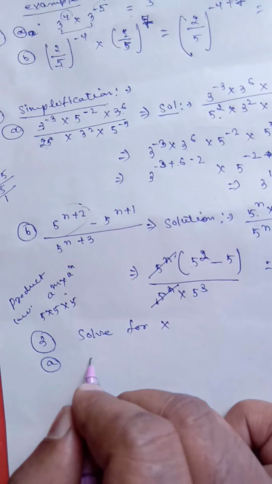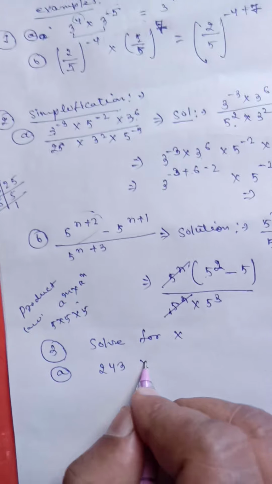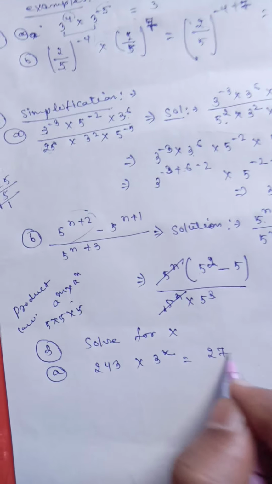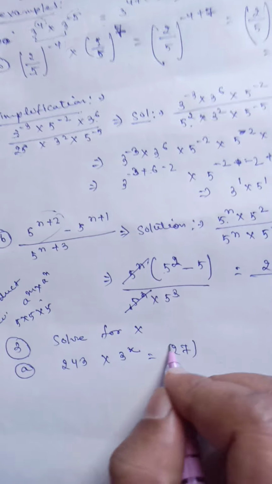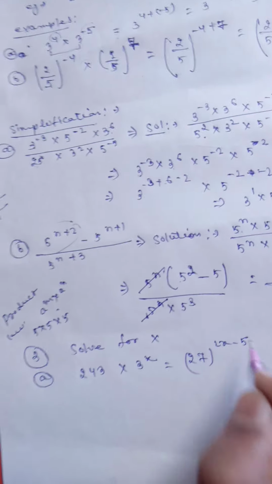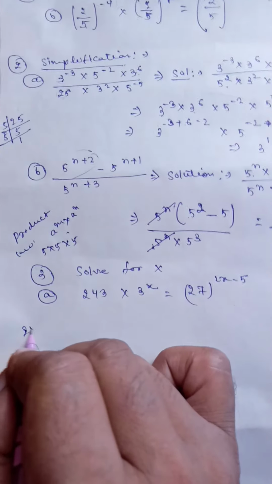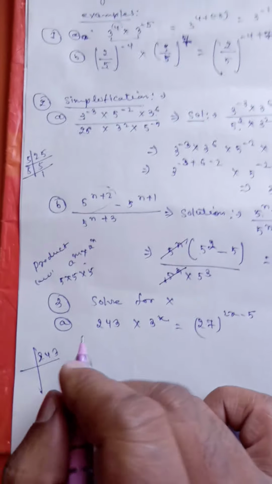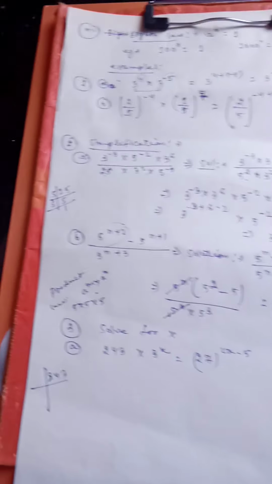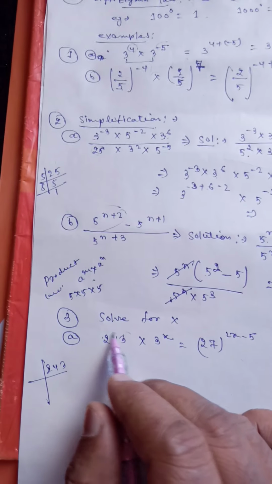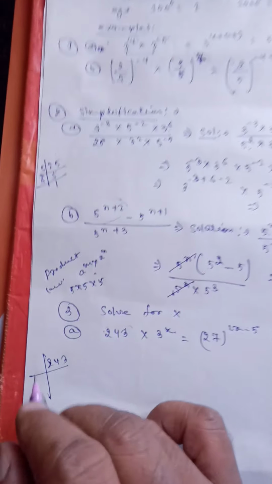Okay, now 243 into 3 raised to power x is equal to 27 raised to power 2x minus 5. This number should be written as, you will find exponents. You will write this number in the form of exponent. So you factorize this number.